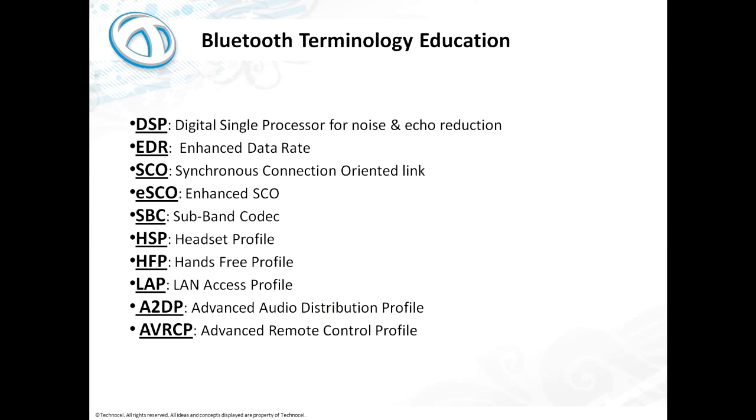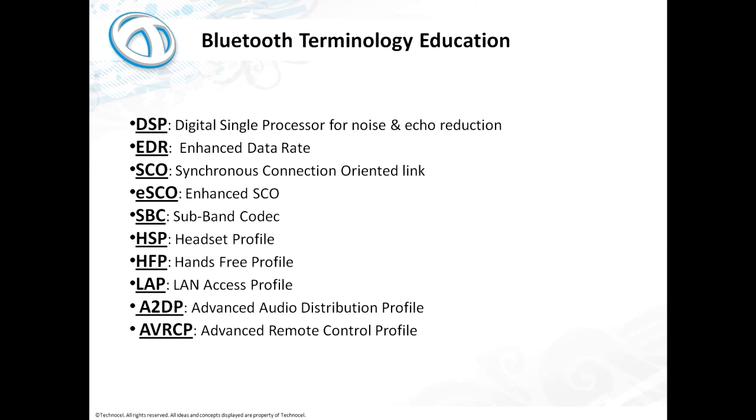LAP, you won't see this too often, but basically that's LAN access profile. So if you have a stereo Bluetooth and you're wanting to stream music and do speech to text, text to speech, all of those have that function. If it's a stereo Bluetooth, it's going to have LAP in it, as well as the next two terms.